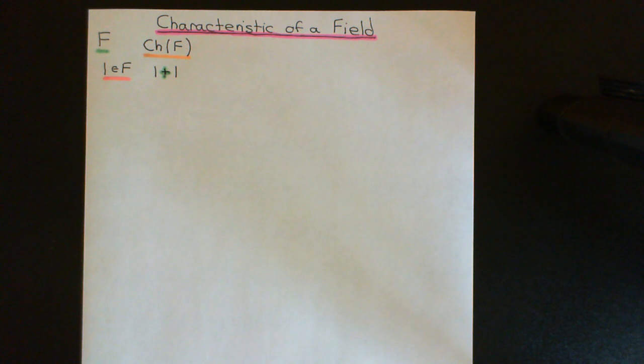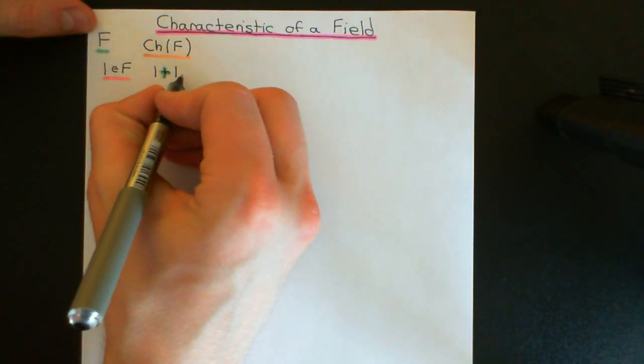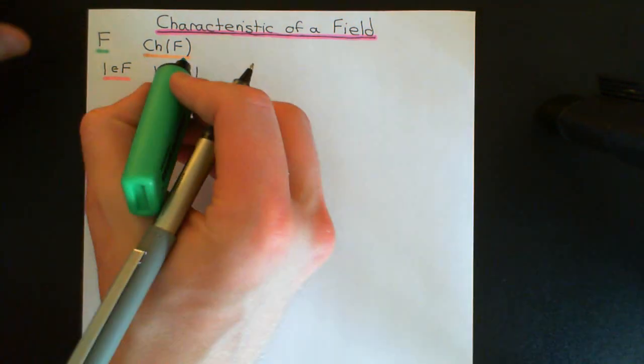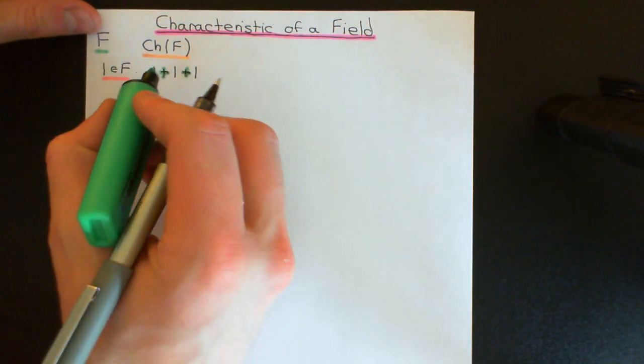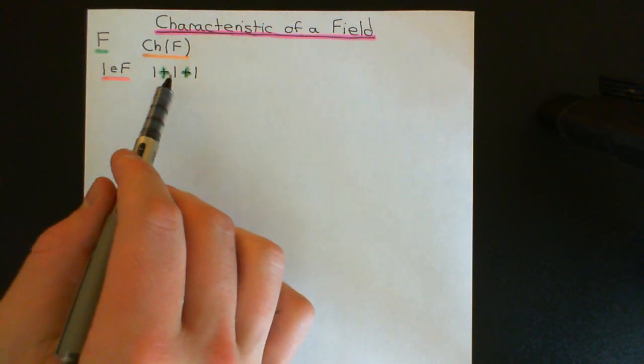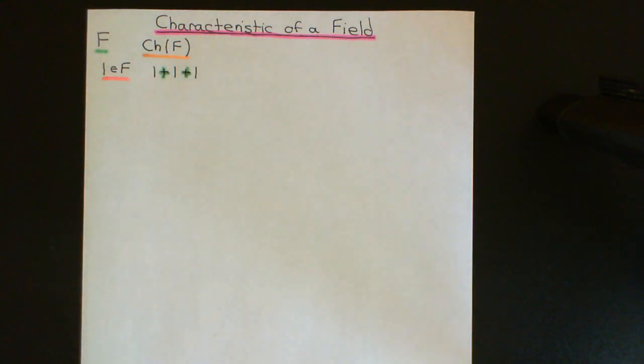If 1 plus 1 is not equal to 0, then you continue on, and you say, I'll take the answer to this and add on another 1. So you do 1 plus 1 plus 1, and again you ask, what is the answer to this in your field? If the answer is 0, then you say, I'm finished. How many 1s did I have to add together to get back 0? I had to add 3 together, so the characteristic of the field would be 3.